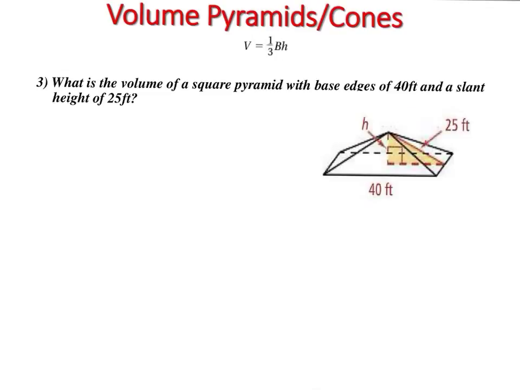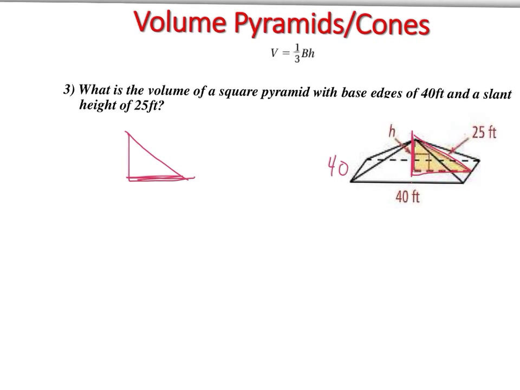In this problem, what's the volume of a square pyramid with base edges of 40 and a slant height of 25? So it is 40 by 40 on the bottom. But the problem here is we're not given the height. So if we take this right triangle and draw it out here, then this distance is going to be half of the 40.